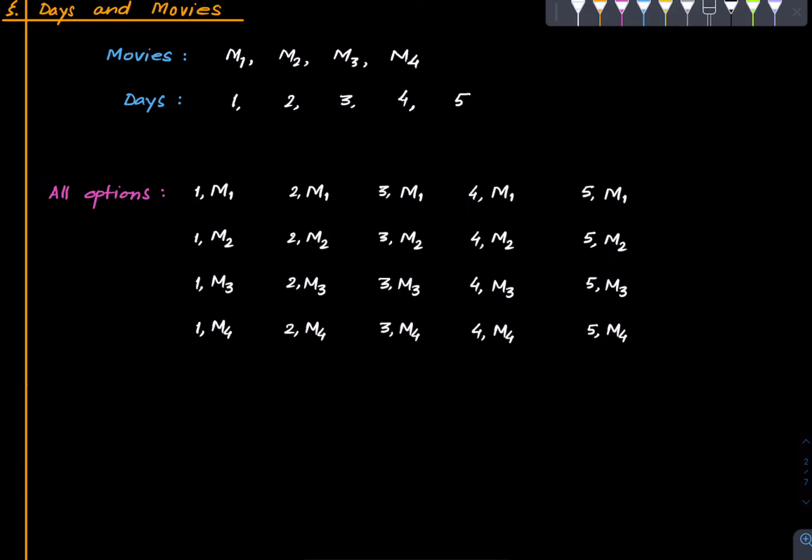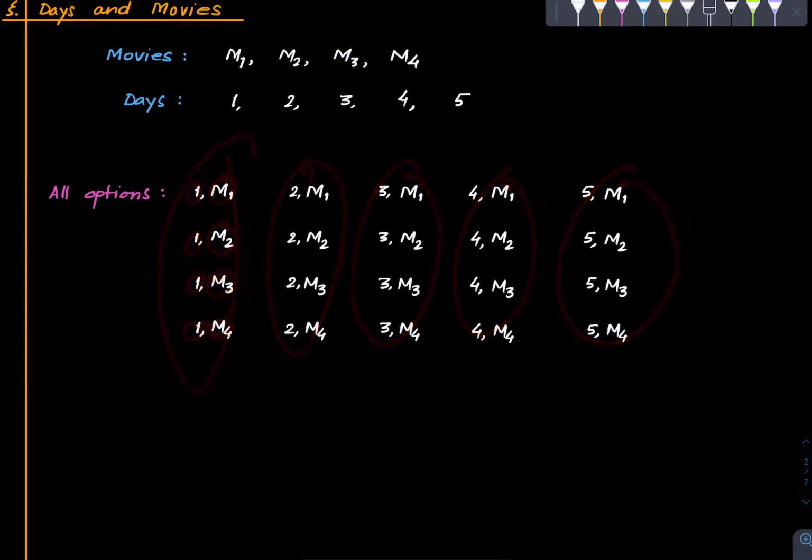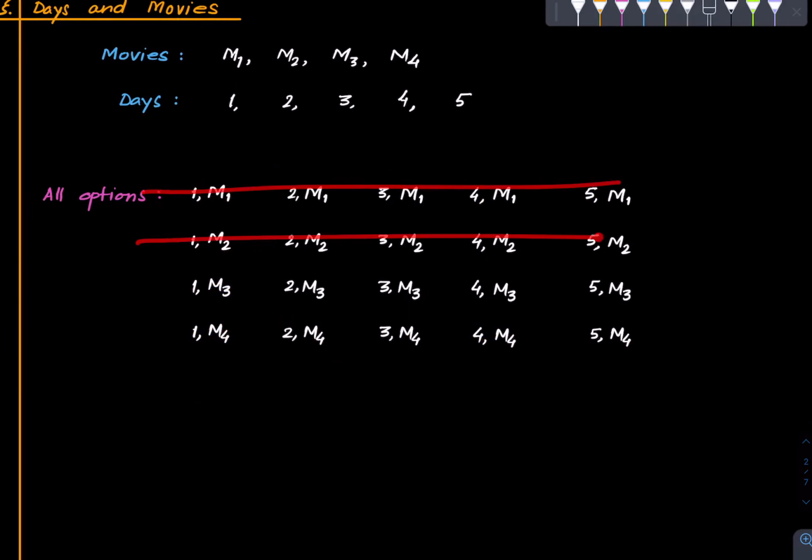One can say that on day 1 one can watch movie 1, or movie 2, or movie 3, or movie 4. And similarly for day 2, day 3, day 4, and day 5. So it becomes a 4 cross 5 table, meaning 4 rows and 5 columns. And the idea of the Cartesian product is just basically a formalization of this.